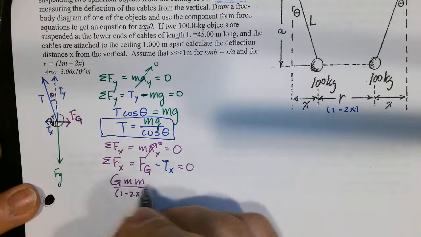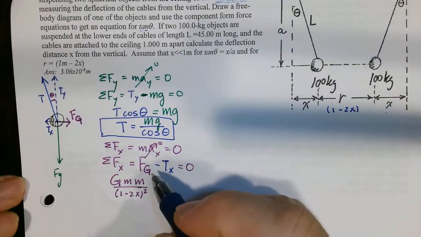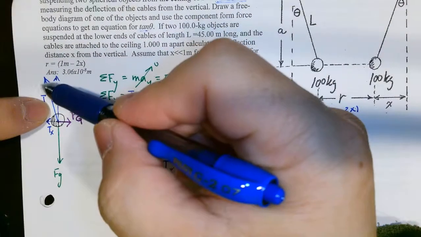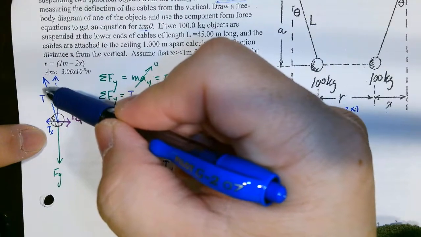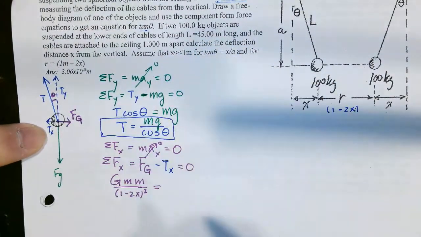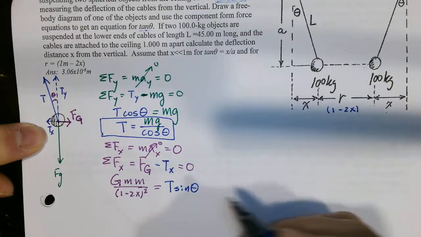Therefore, that is equal to Tx, which is the sine of my angle theta right here, because this is the opposite of my theta. Therefore, Tx is T sine theta.